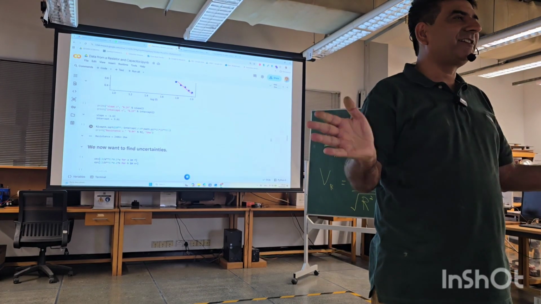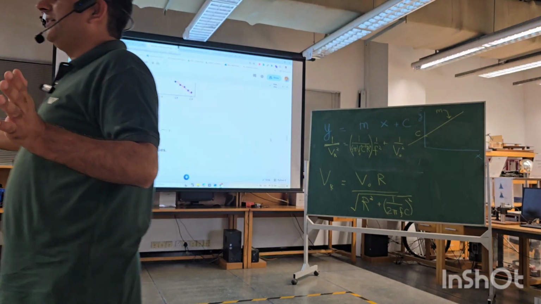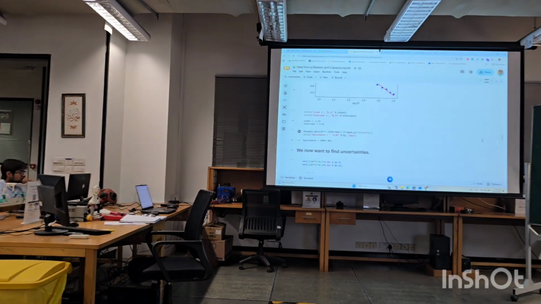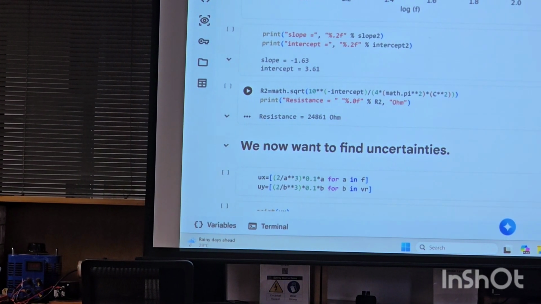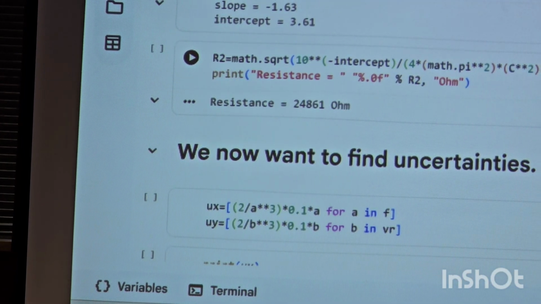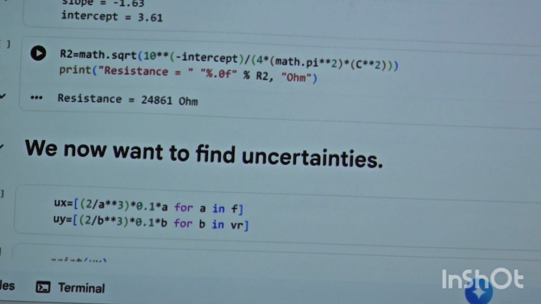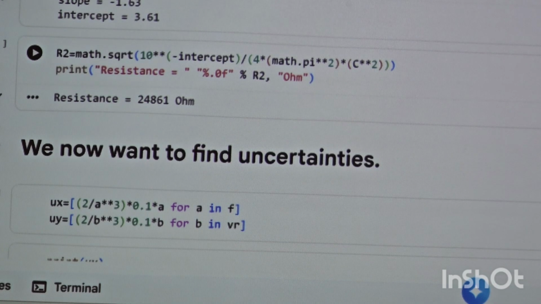So can you make an array of uncertainties of frequency and an array of uncertainties of voltages? 10% जो भी frequency है 50 hertz, 10% 5 hertz. 60 hertz, uncertainty is 6 hertz. So this is a good mechanism of playing with uncertainties. Assign 10% uncertainties and make arrays for uncertainties in frequencies and voltage.